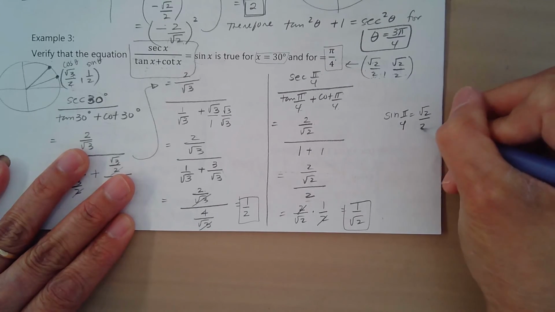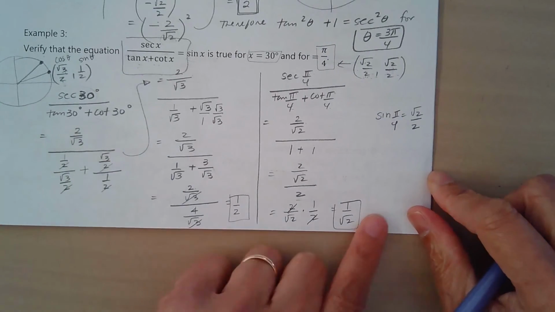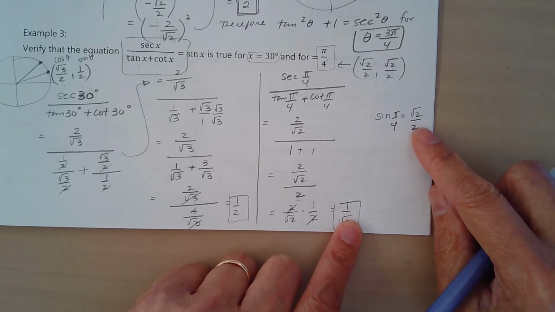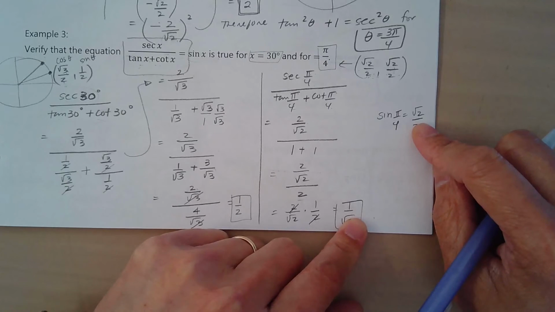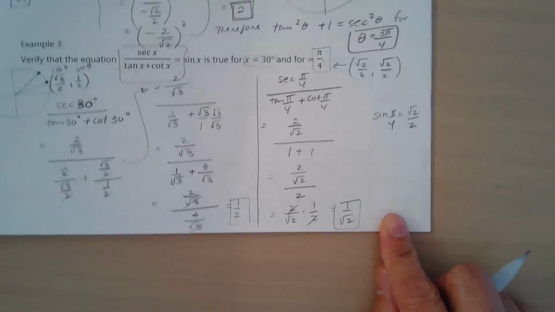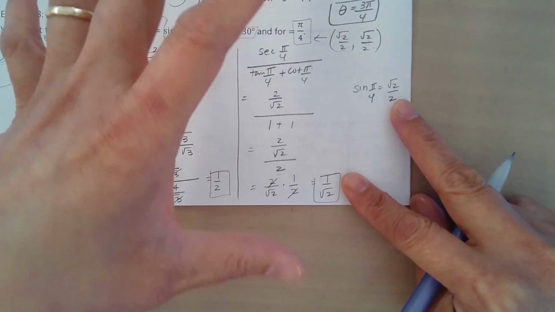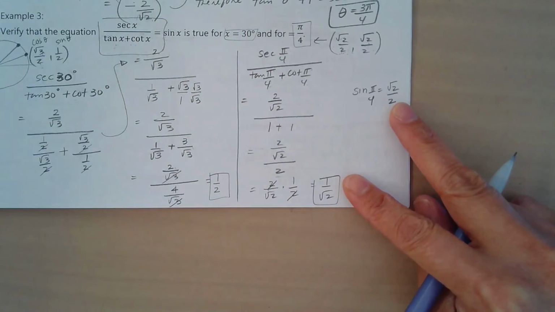Root 2 over 2. Okay, now you're probably thinking, oh, they're not the same. Yeah, yeah. So when we look at this, this doesn't look like they're equal to each other, right? But here's what we could do.